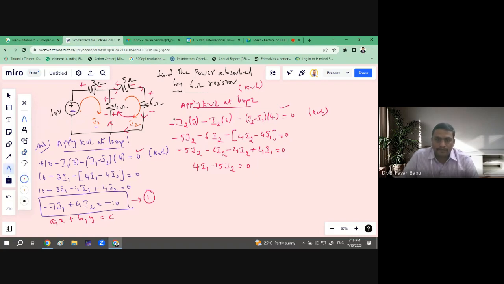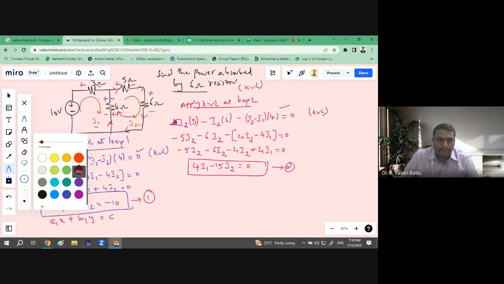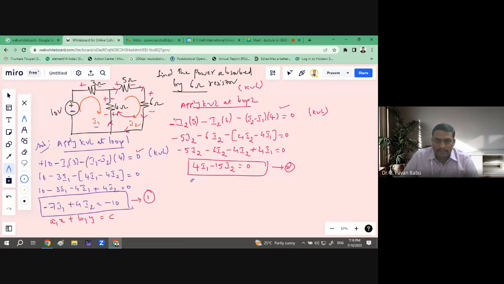Again, I'm writing this equation in the form of A2 into X plus B2 into Y equal to C2. Here it was C1. So it is in this form.